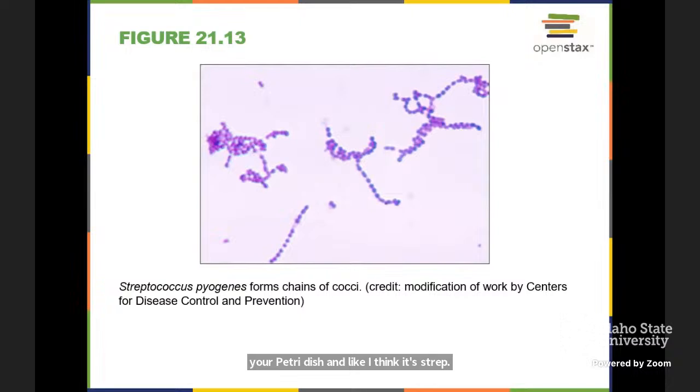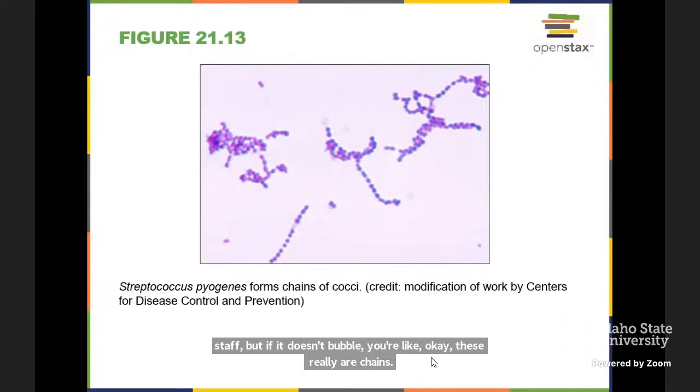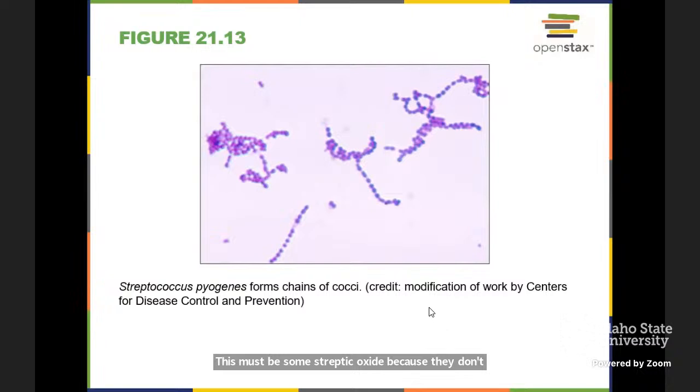You could quickly take a little bit of this organism, put it on a microscope slide, put a drop of peroxide on it, and if it bubbles, it is a staph. But if it doesn't bubble, you're like, okay, these really are chains. This must be some streptococci because they don't have catalase, all right?